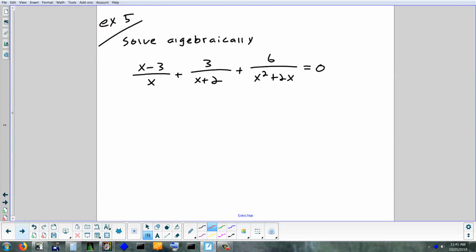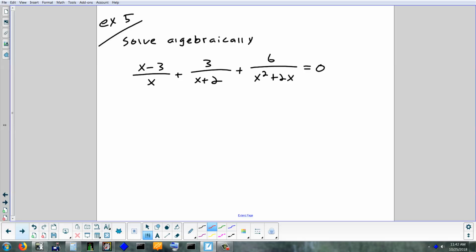Okay, let's look at this one. It's a little different because this time they already have it equal to 0. So it's ready to go when we get it into a quadratic. We're not going to have to bring anything to the other side. What am I going to multiply all my terms by here?